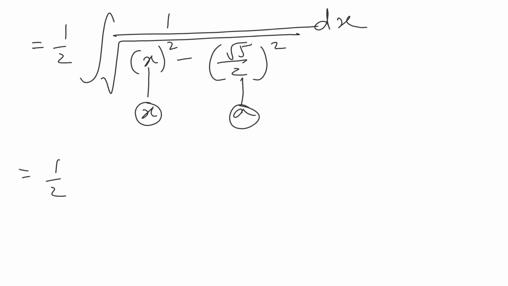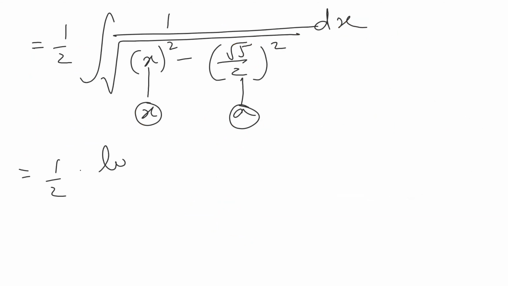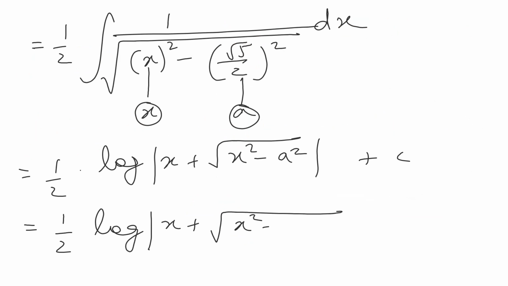1 upon 2. Formula number 2, right? Log mod x plus root of x square plus a square plus c, half log mod x square minus root 5 by 2 the whole square plus c.